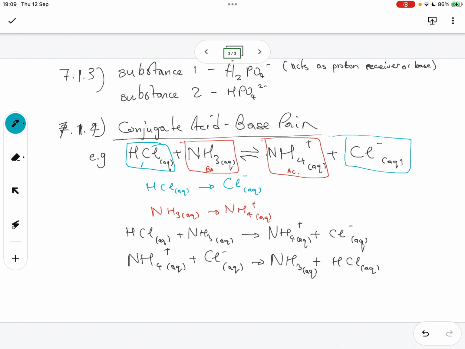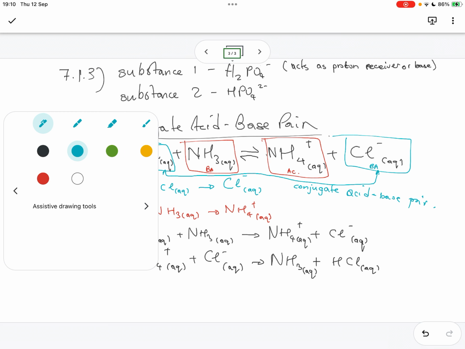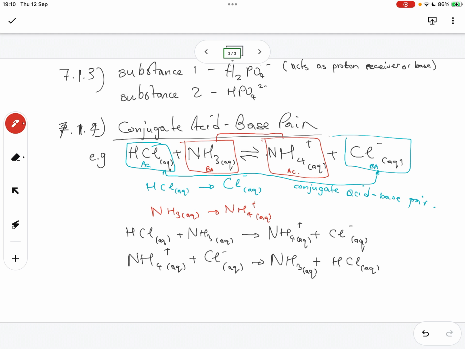And this one is an acid, but this one is a base. So when we identify them like this, what does this tell us? These two are a conjugate pair. So this is a conjugate acid base pair. Similarly, these are also a conjugate acid base pair.